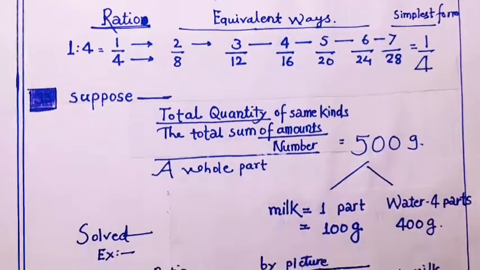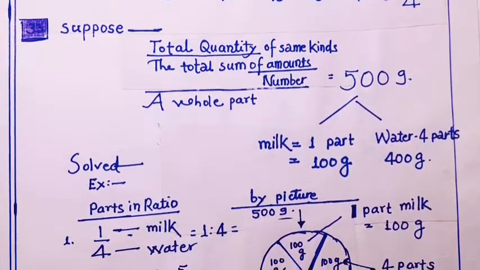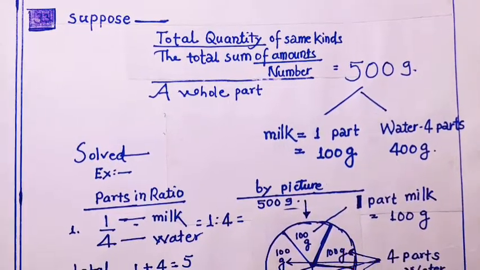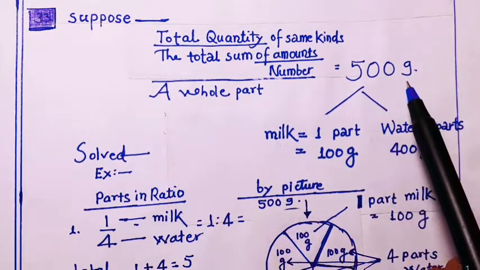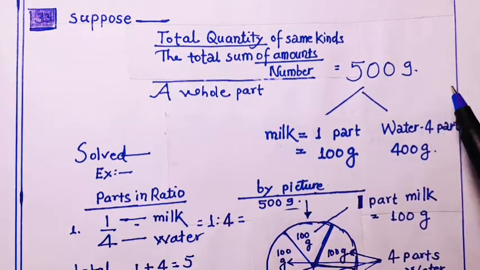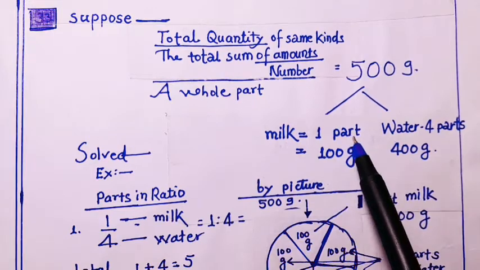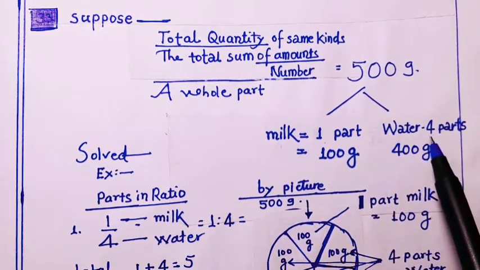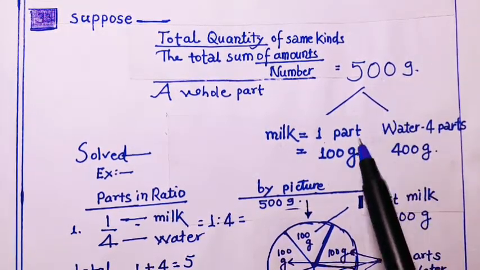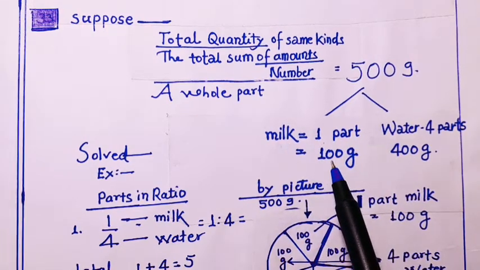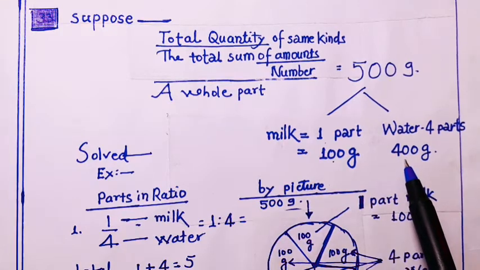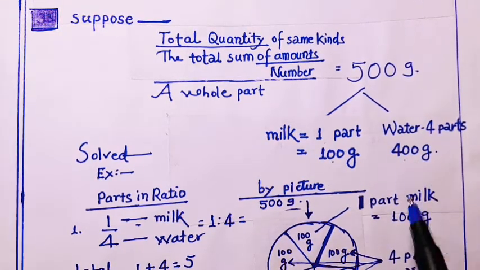The next is, suppose the total quantity of the same kinds, the total sum of amounts, is the whole part. Suppose 500 grams is the whole part, wherein milk is 1 part and water is 4 parts. So the ratio would be 1 to 4. It means in 500, 1 part milk would be 100 grams, and 4 parts would be 400 grams.